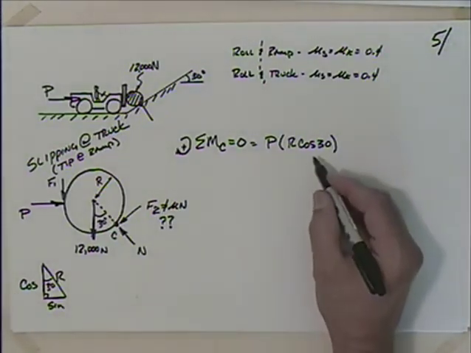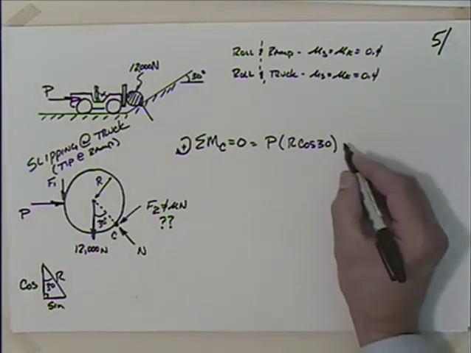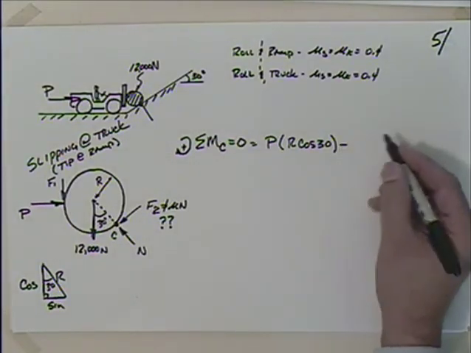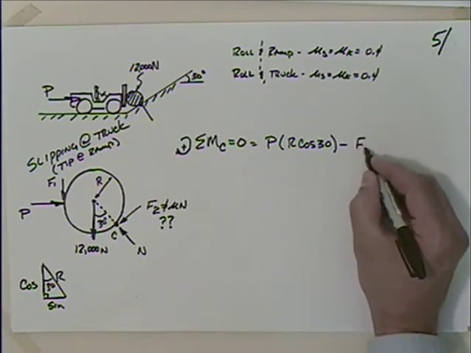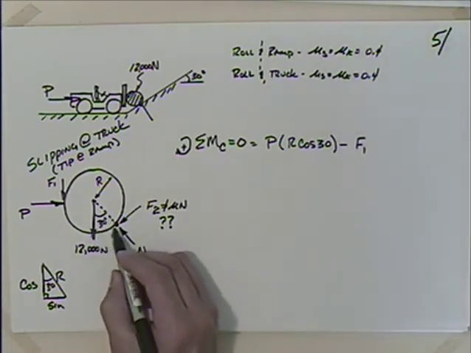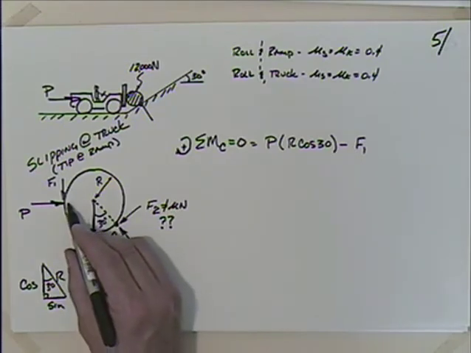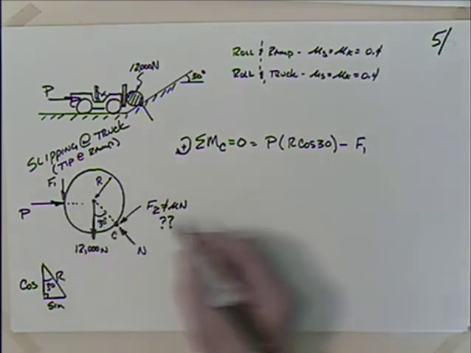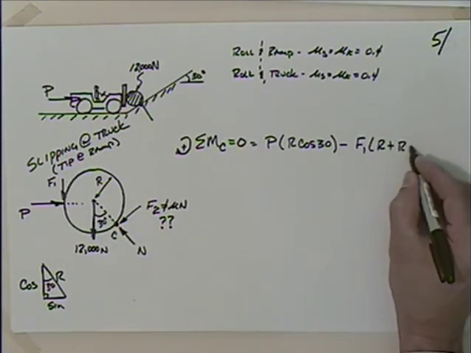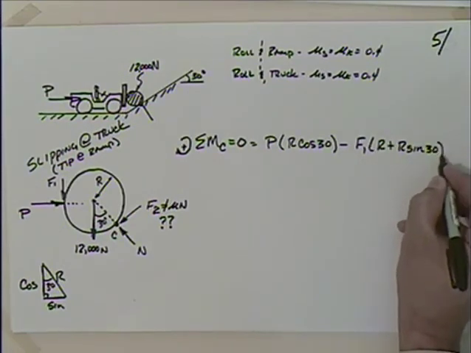Okay, so R cosine 30. Then I've got minus F1 times what distance do I have there? That's this distance here plus this distance here. Isn't this distance R? Yeah, so I'm going to have R plus R sine 30.